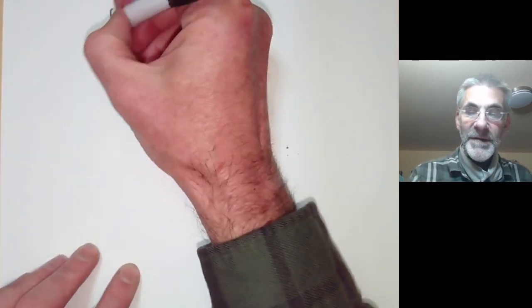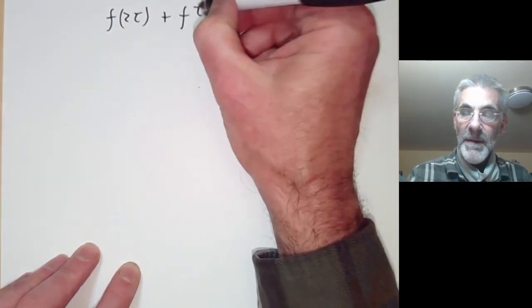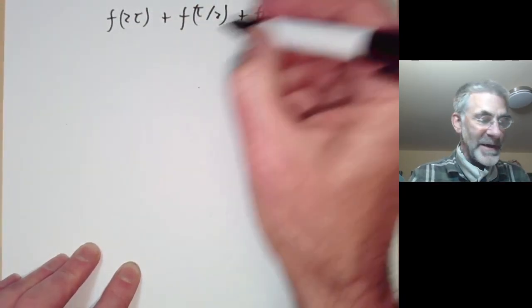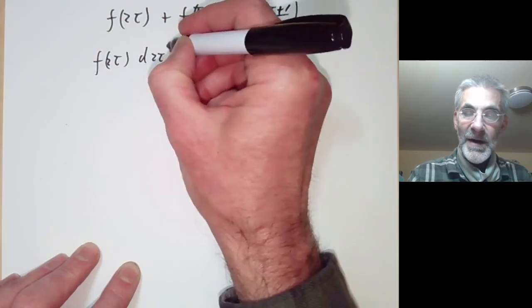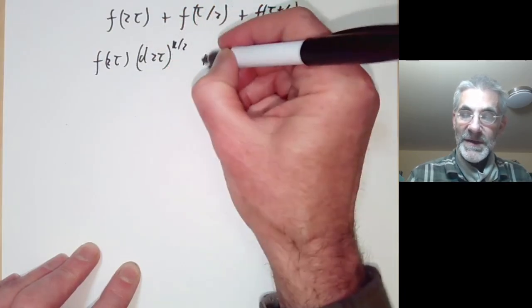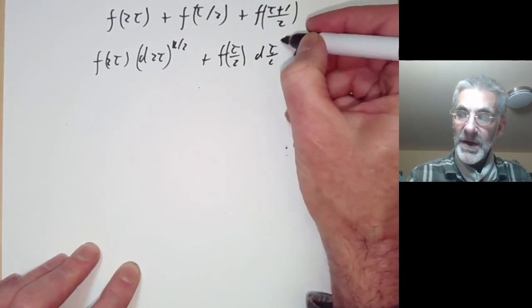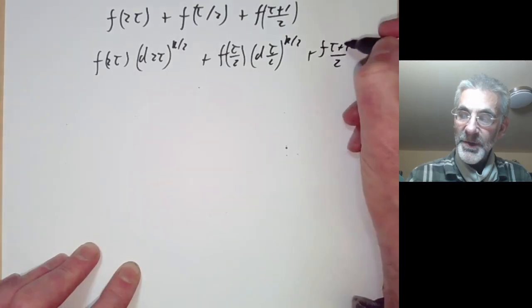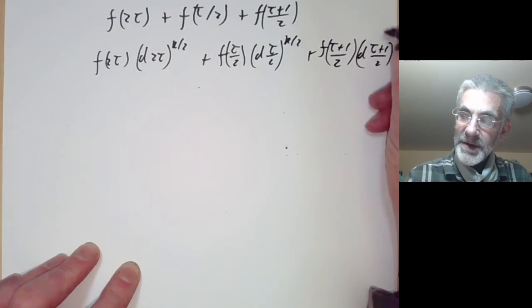For example, instead of taking f of 2 tau plus f of tau over 2 plus f of tau plus 1 over 2, we now have to take f of 2 tau times d(2 tau) to the k over 2, plus f of tau over 2 times d(tau over 2) to the k over 2, plus f of tau plus 1 over 2 times d(tau plus 1 over 2) to the k over 2.